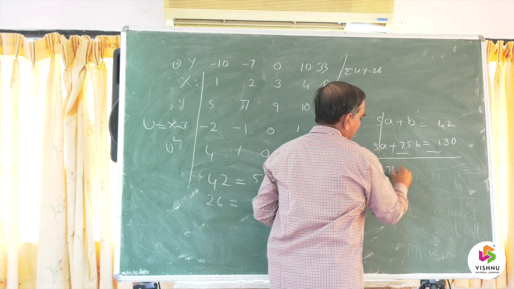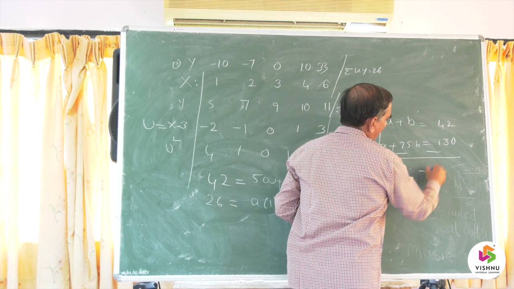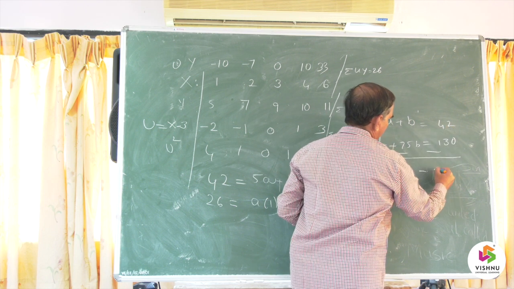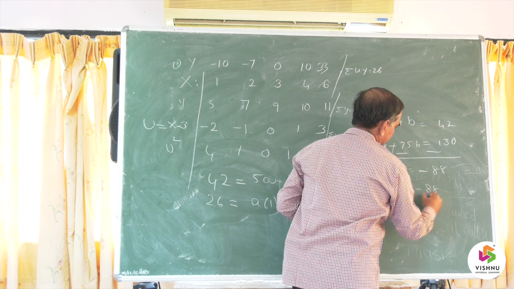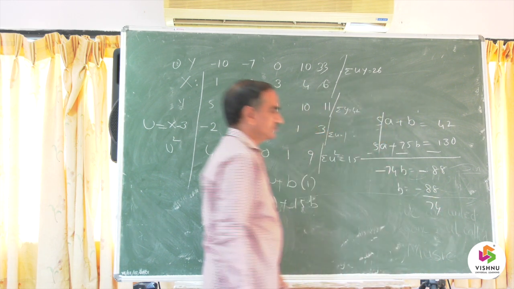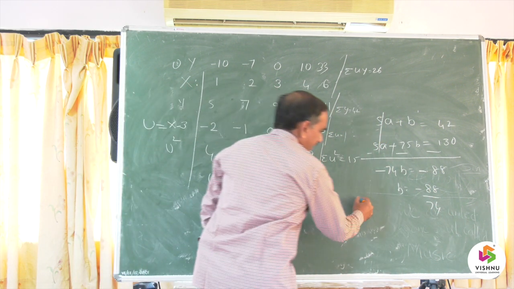Minus 74b is equal to minus 130, 90, 88. So in this way we get some value.